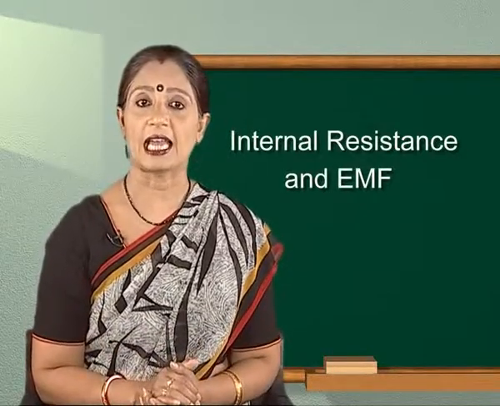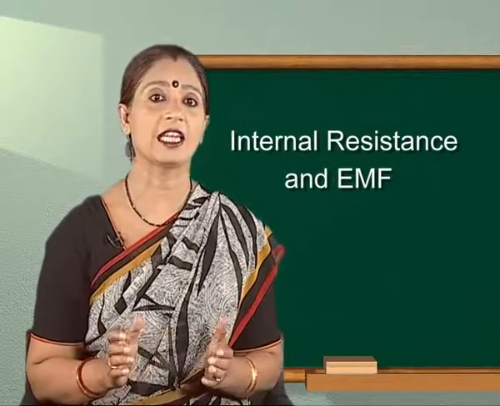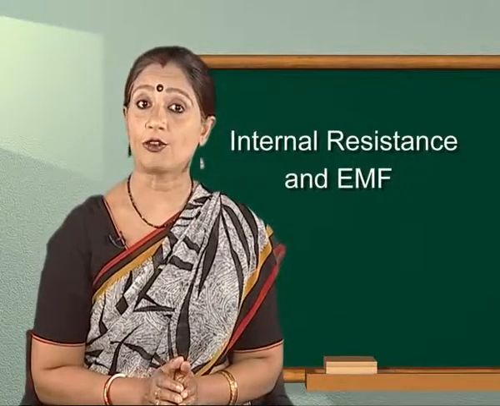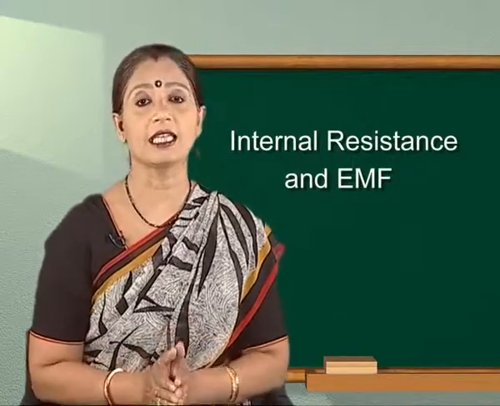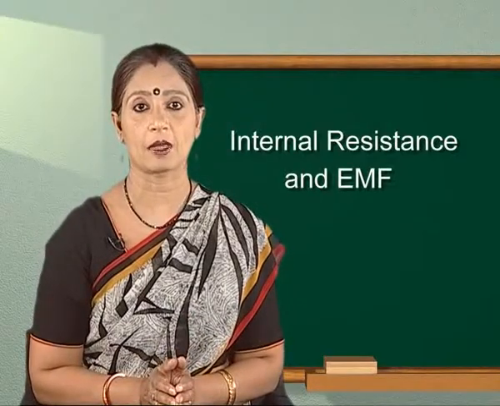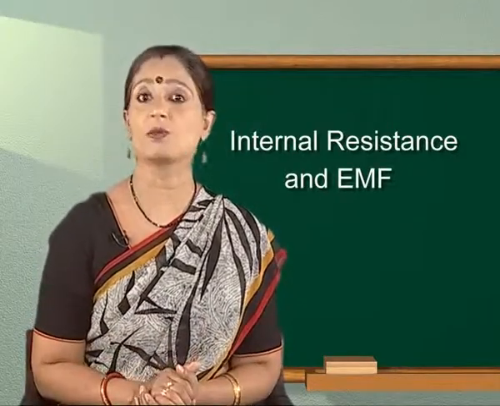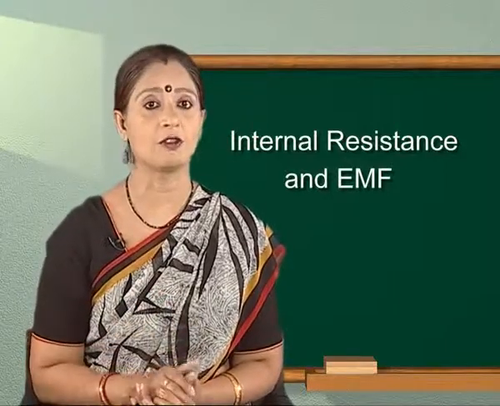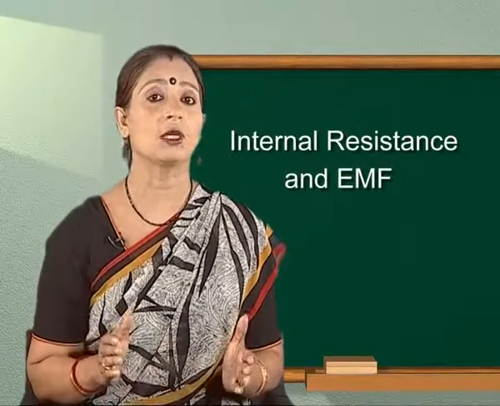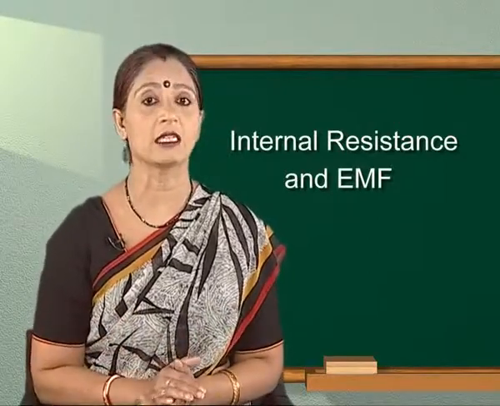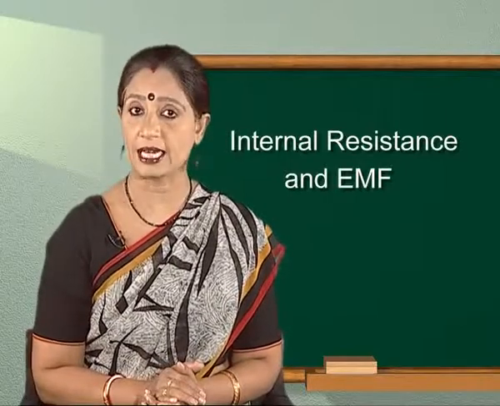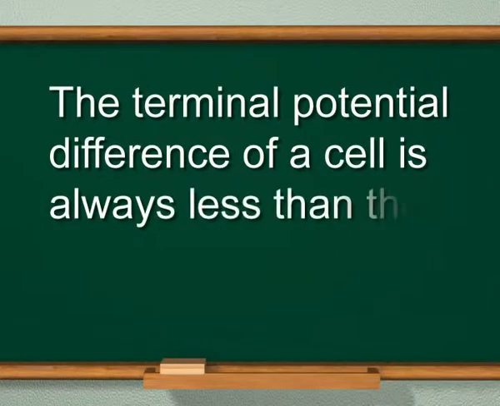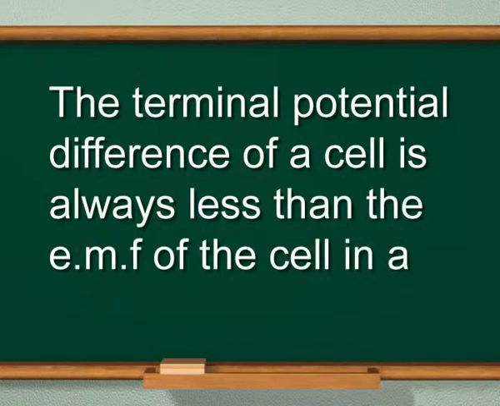When the electric cell or the source of EMF is in a closed circuit, the current flows through the circuit. There is a fall of potential across the internal resistance of the cell. The terminal potential difference between the two electrodes of the cell is less than the EMF of the cell by an amount equal to potential drop across the internal resistance of the cell. Thus, the terminal potential difference of a cell is always less than the EMF of the cell in a closed circuit.